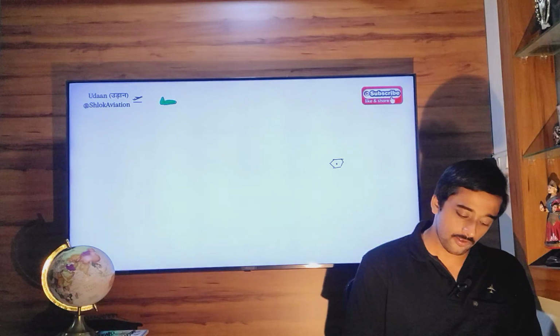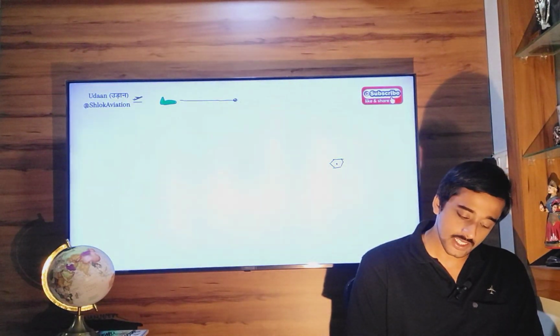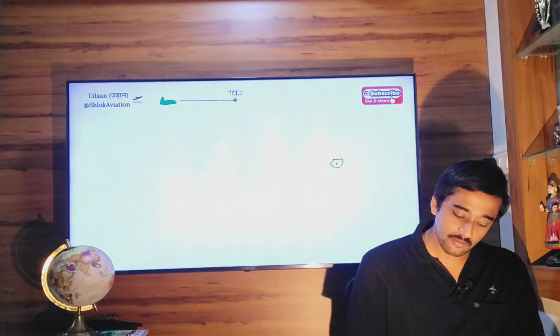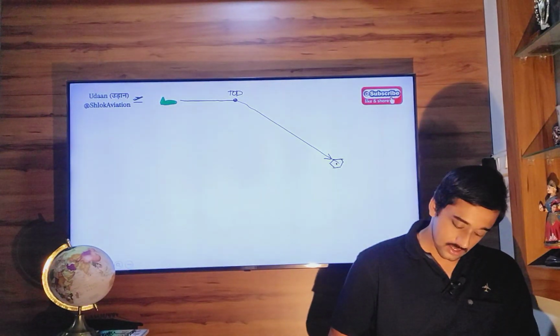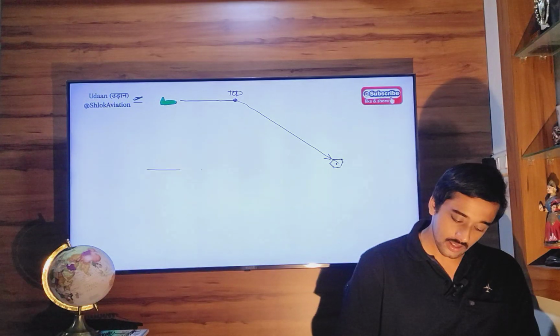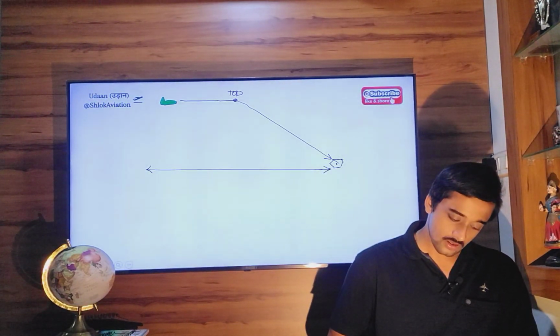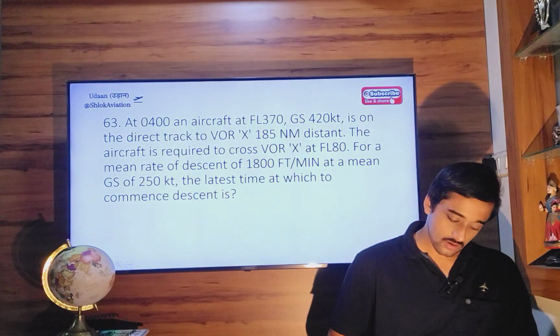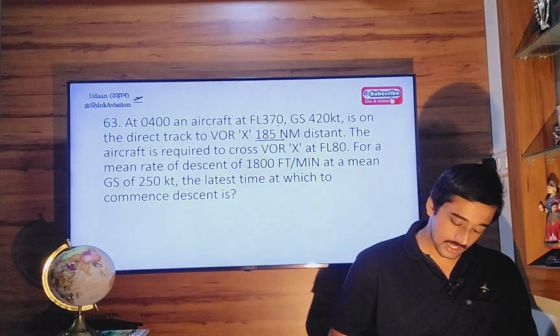Currently you are expected to fly straight and level for some time. Then after reaching your top of descent, you will begin your descent towards this VOR station. You are a total of 185 miles away.